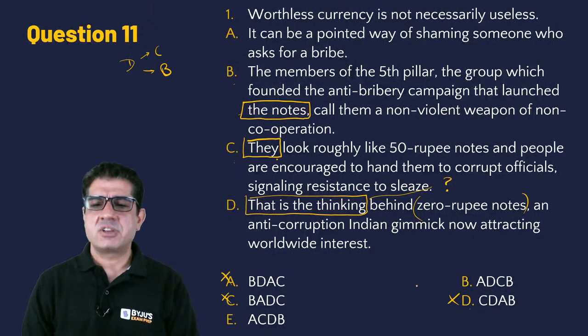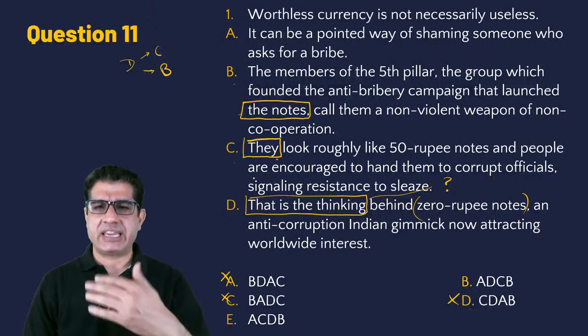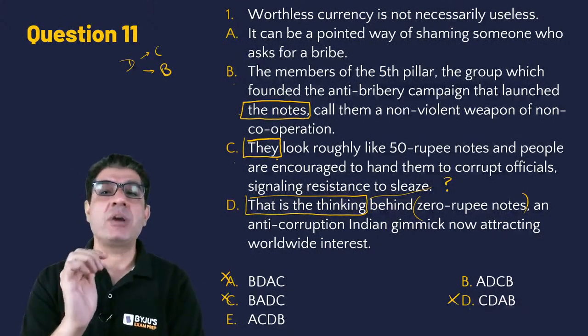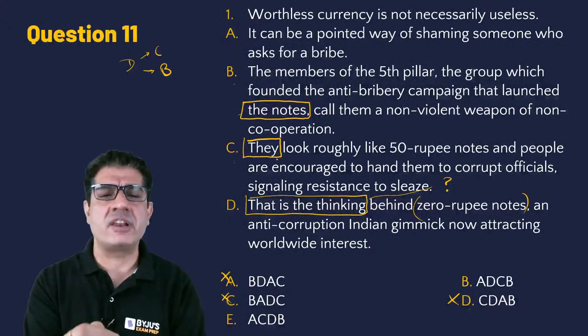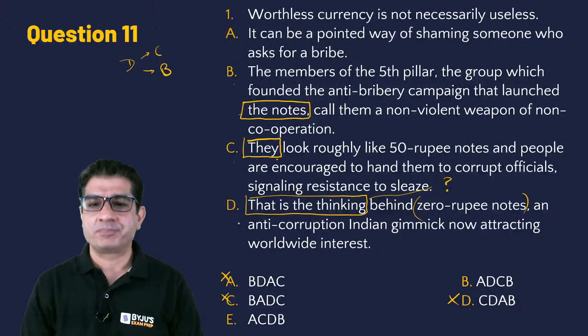So it has to be either B or E. Let us check. Both of them start with A. So let's start. Worthless currency is not necessarily useless. A, it can be a pointed way of shaming someone who asks for a bribe. Great. Now you notice, oh, E also has C before D. How did I miss that? Even that is eliminated. So we're left with B.